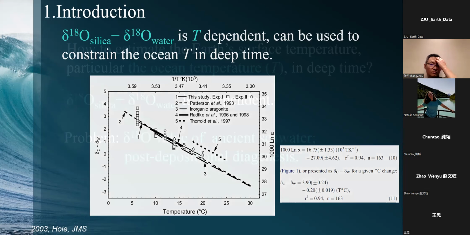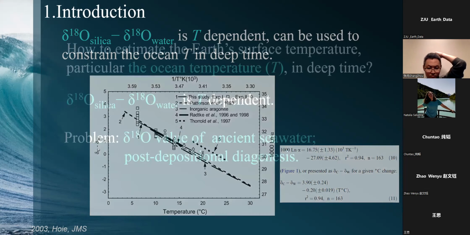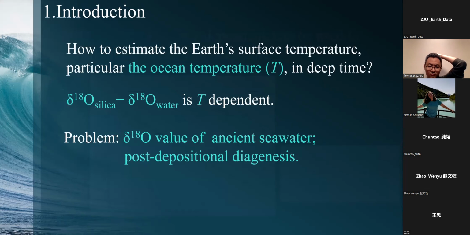But the problem is that the delta 18 value of Archean water is poorly estimated, and also the post-depositional diagenesis will affect the delta 18 value. And this causes two distinct opinions about the ocean temperature. For example, please move to next paragraph.